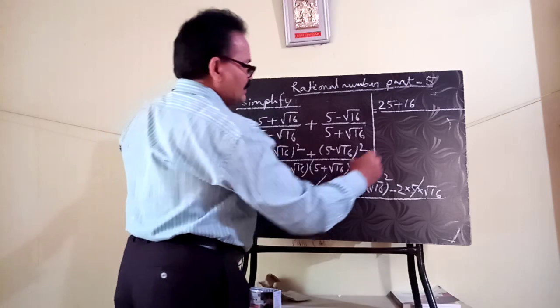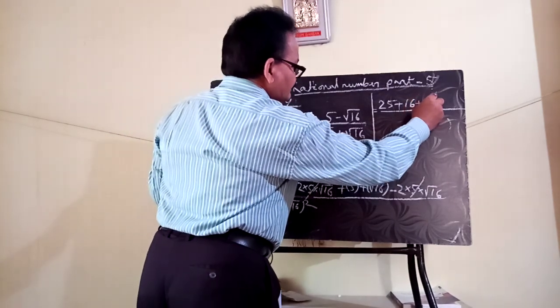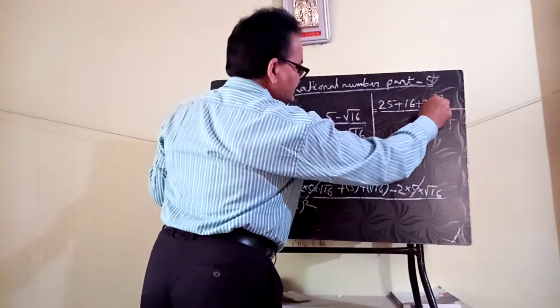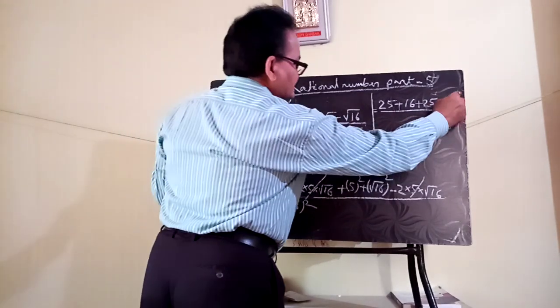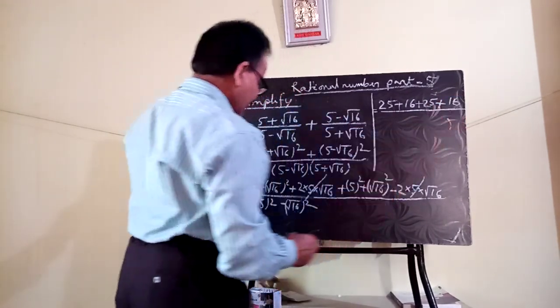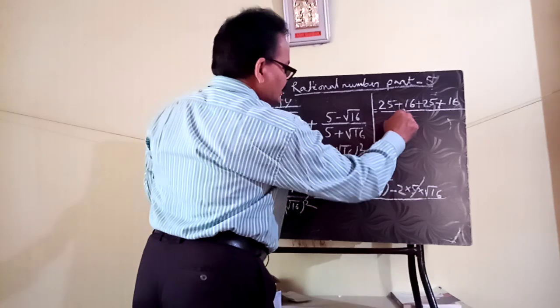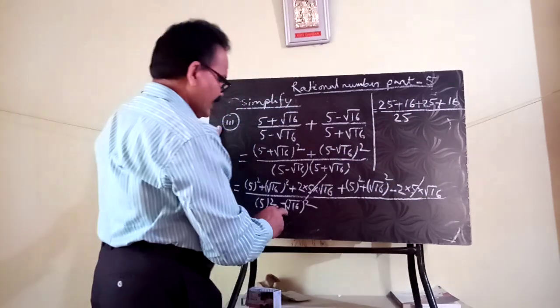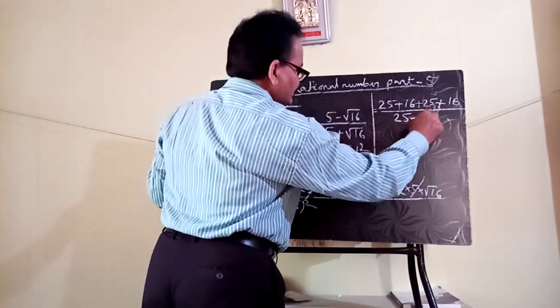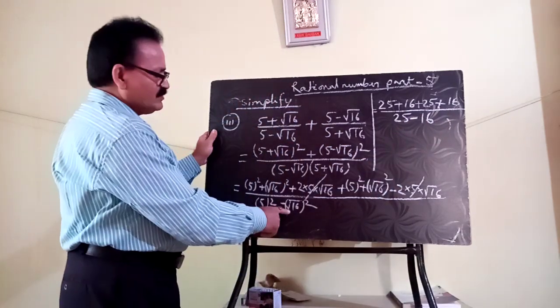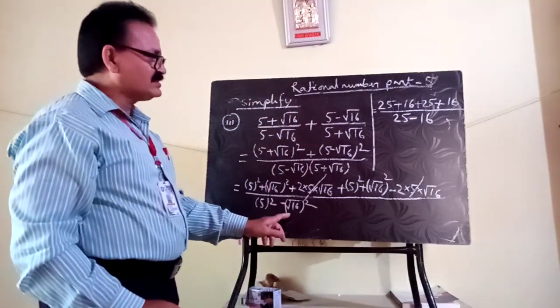Then again 5 square means plus 25 plus again root 16 square means 16. And in the denominator, this is your 25 minus 16. Root is out because square root of 16 whole square means 16.